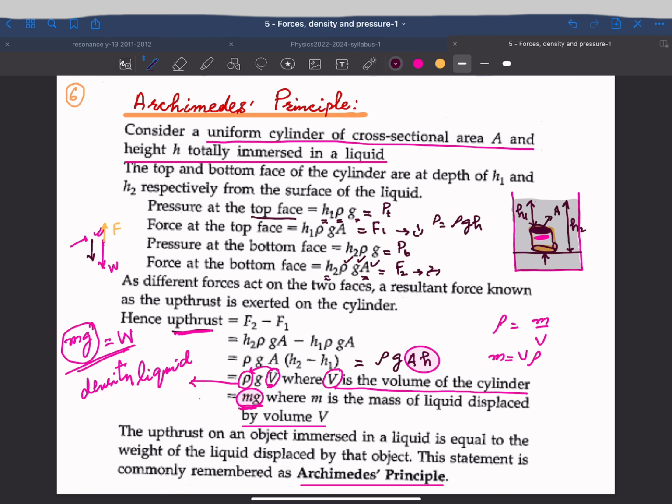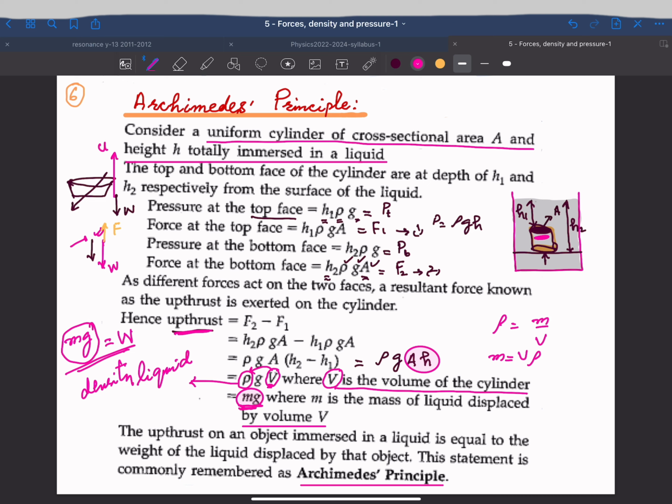But when you consider a ship, a big boat, what will be the situation? The weight of the liquid displaced by this ship or boat will be huge, and of course the weight of the boat is less than the upthrust, the force acting upward.